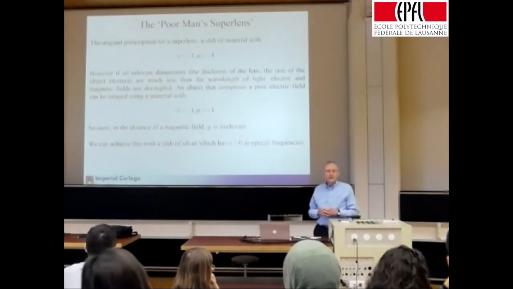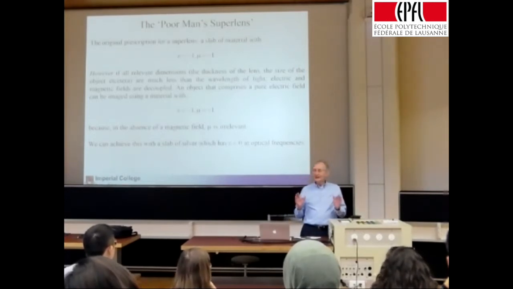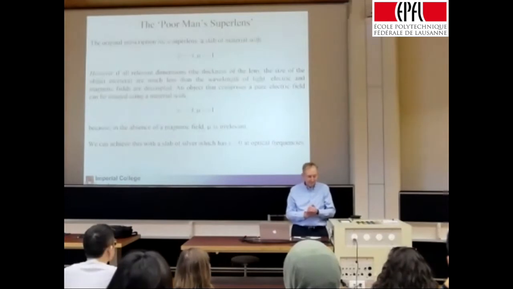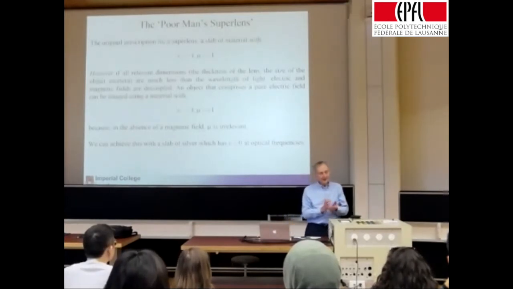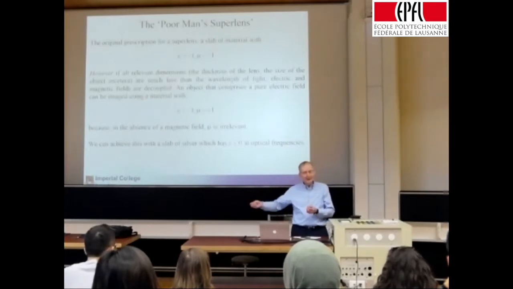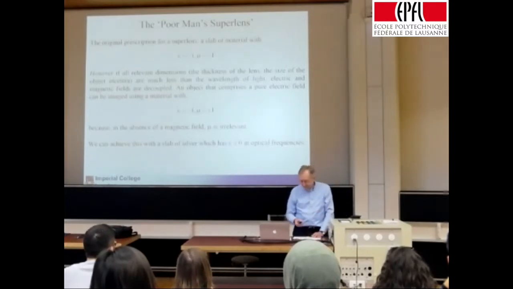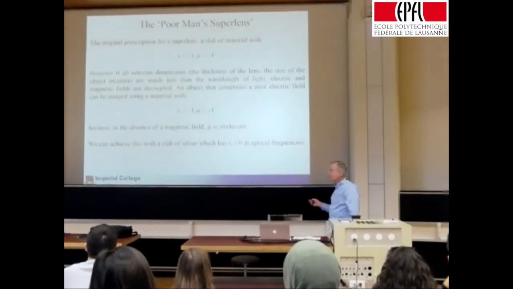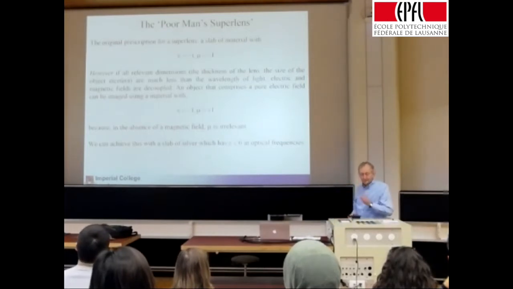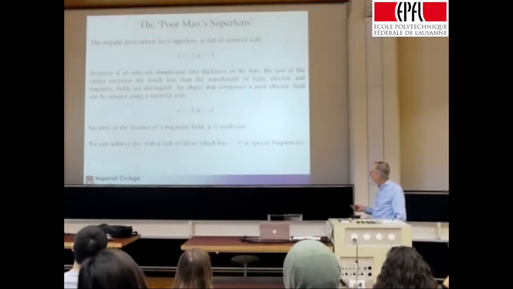But if you're interested in nanotechnology, on a nanoscale, so everything's nano, and the light starts off as an electric field, it never has chance to acquire a magnetic component because it doesn't go far enough, okay? And if you don't have a magnetic field, then you don't care what mu does. So if you're content to make a really, really small lens that only operates on the nanoscale, that's enough.